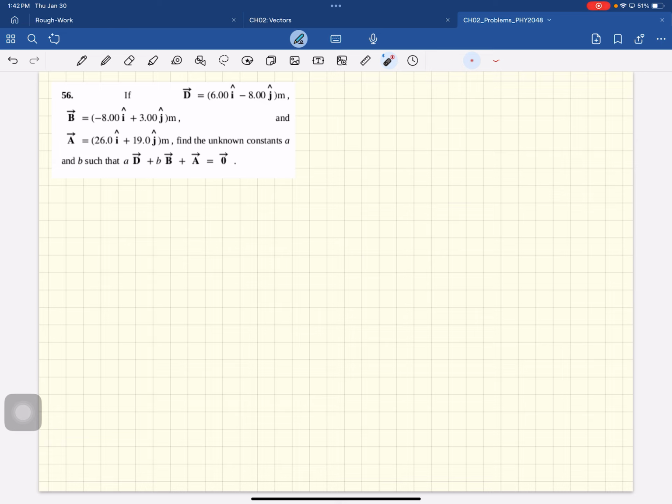All right, so let's say I give you this equation, A equal to B. How many equations is this?